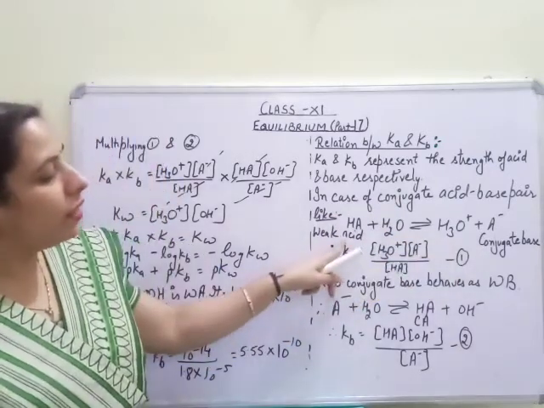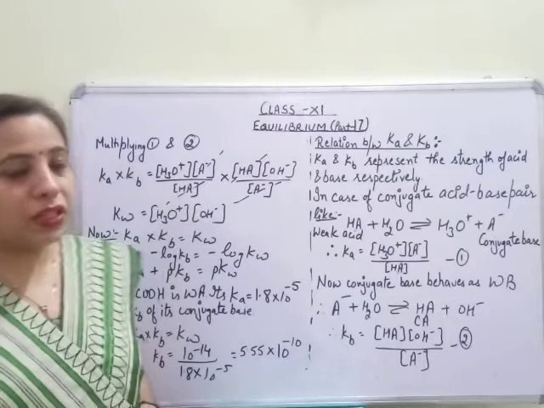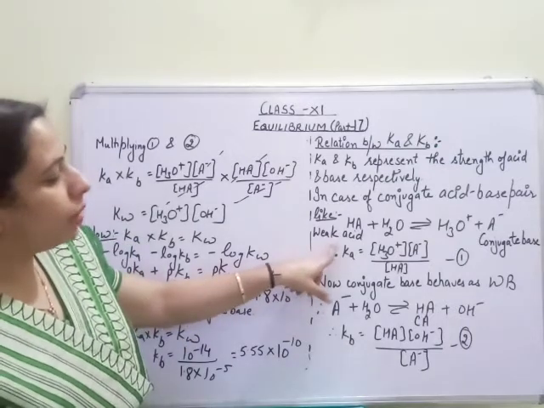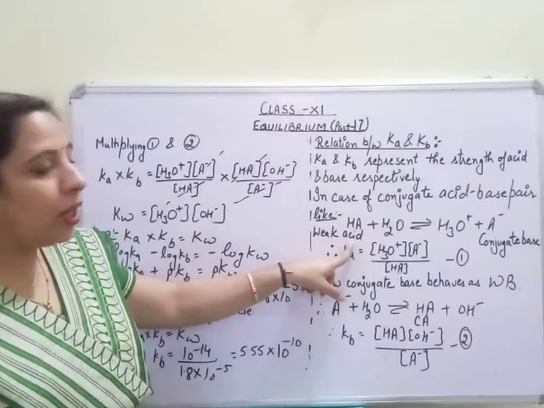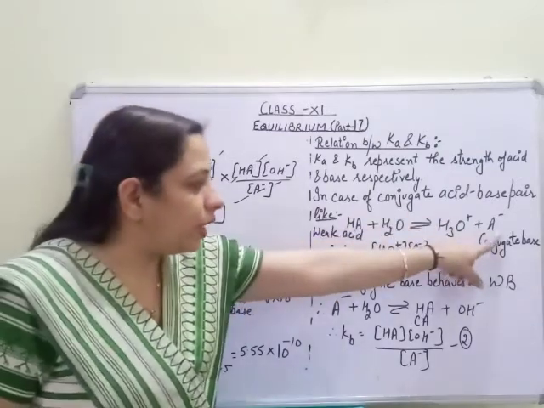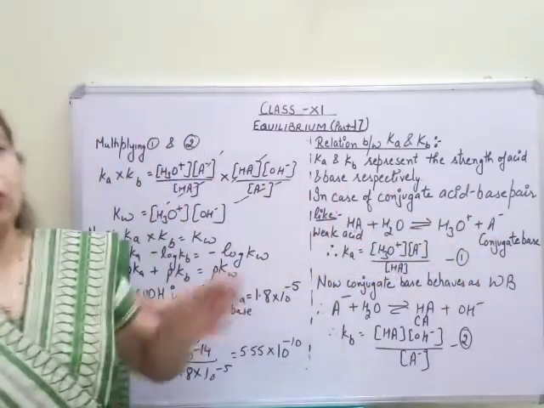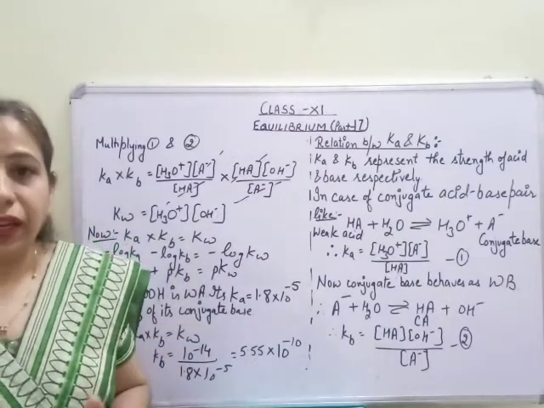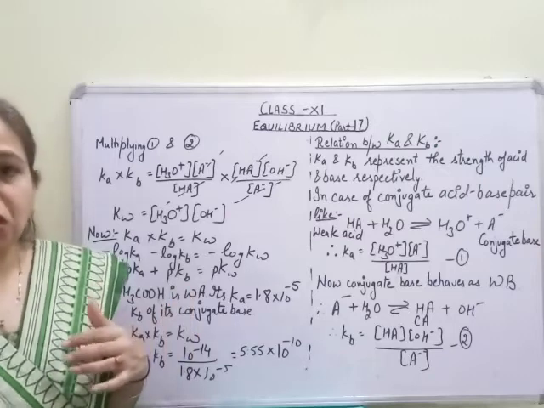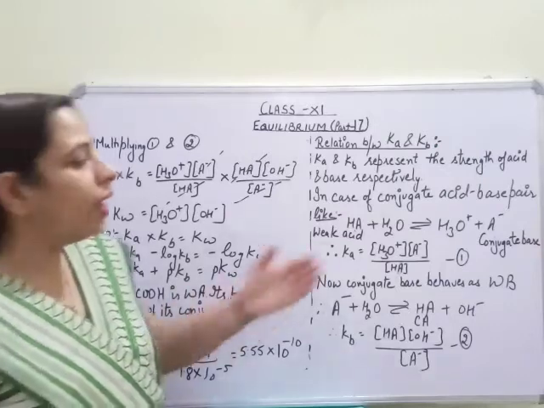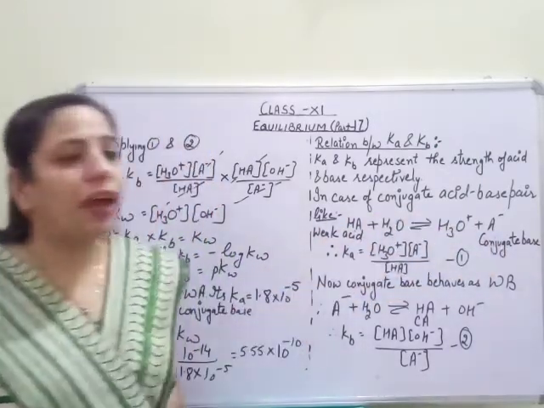The acid has the tendency to lose H positive, that is why it is termed as acid. After losing hydrogen ion, what is left? A negative is left, and now this A negative has the tendency to gain H positive. अब क्योंकि ये H positive gain करने की tendency रखता है, इसलिए इसे हम क्या कहते हैं?